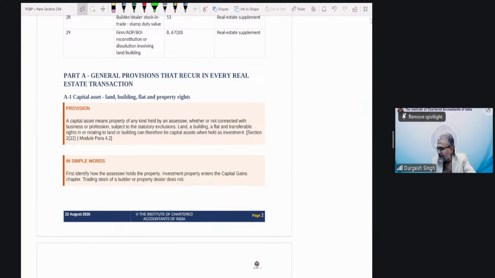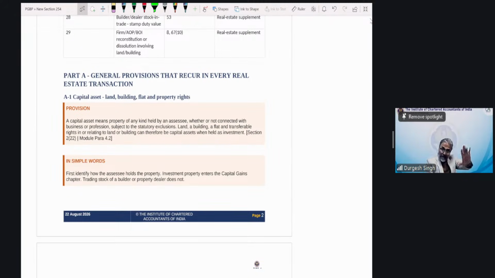Quickly, recall. Sir, it's agricultural land. Rural agricultural land. Always say rural agricultural land. Yes, rural agricultural land was specifically excluded from the definition of capital asset, students.